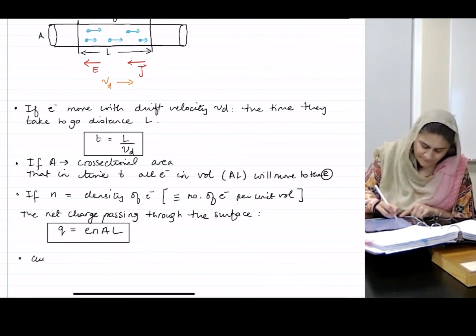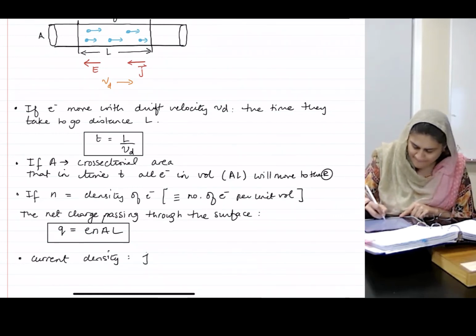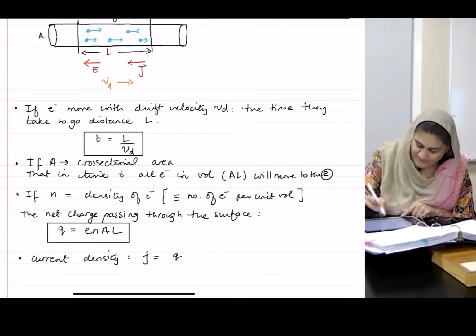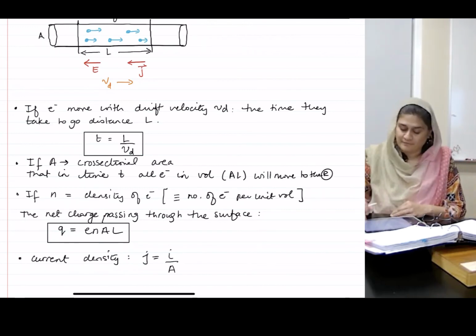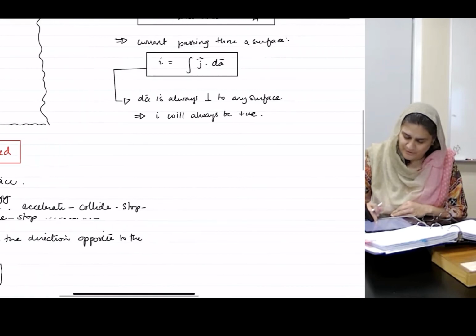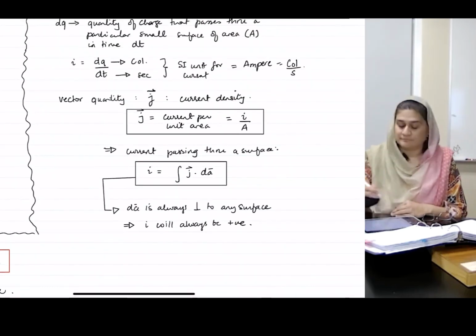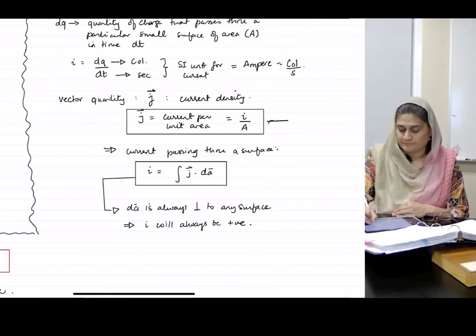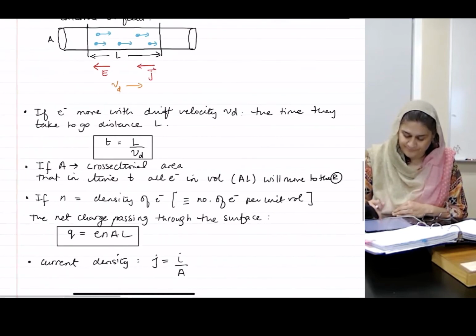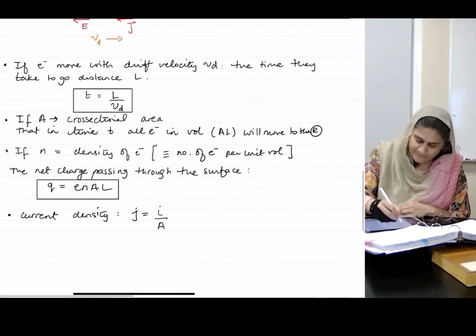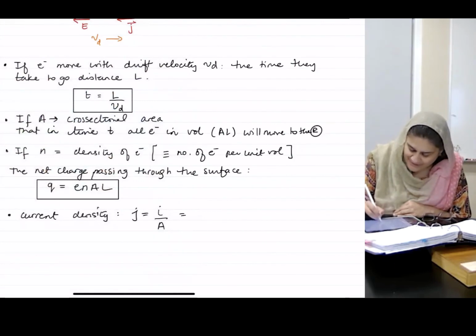Also, current density, is it equal to, wait, what was it? I over A? Yeah, was it I over A? Make sure. Yeah, right here. Right? Then may I write I as Q over t?